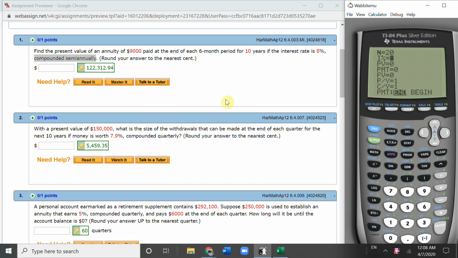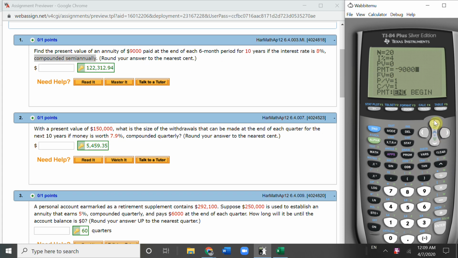And the interest, this 8% is per year, so we need 8 divided by 2. Okay, so at the end of each 6 months, so for payment we choose end. 9,000 means out of pocket, so negative 9,000. Then find the present value.